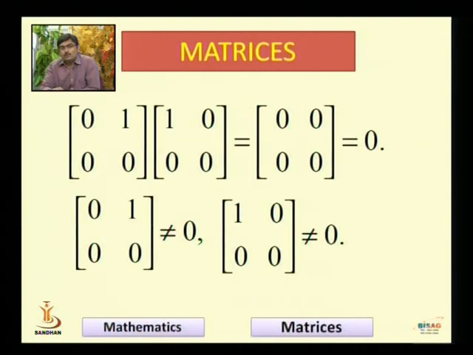So let us take two matrices, both of them non-zero. I have taken two matrices, both of them non-zero, in the sense that both of them are not null matrices, that is, both of them are not 0 matrices. Look over here, I have not given names to these matrices. This matrix is a square matrix of order 2.